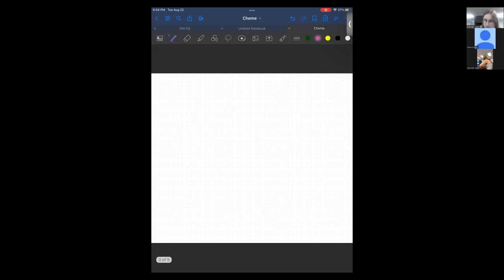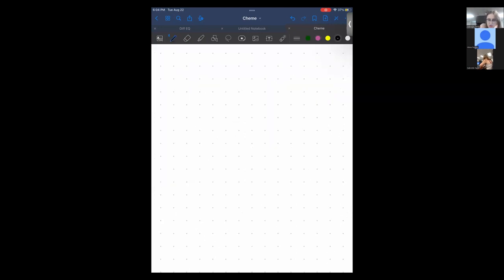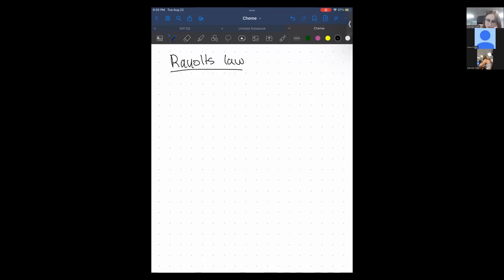So if we look here, we're coming in with those, and we know that Raoult's law talks about liquid. And when we write down Raoult's law, let's write down our X of i, which is going to be our mole fraction of our liquid phase. And then we're going to write down our saturation pressure at some temperature.